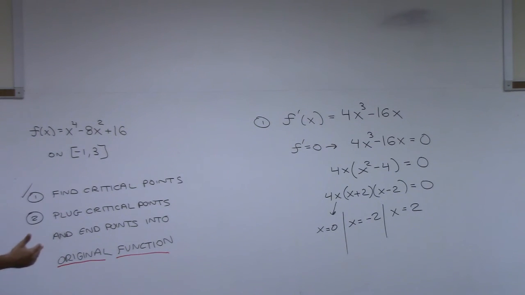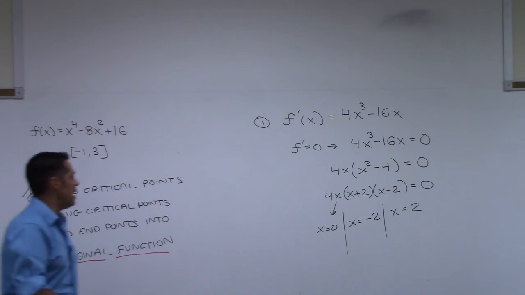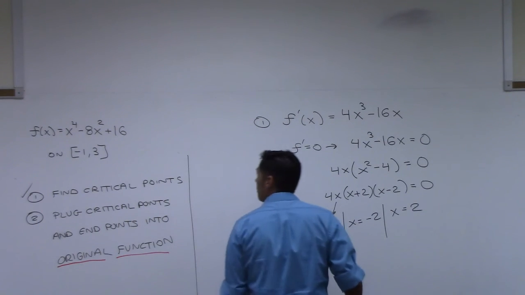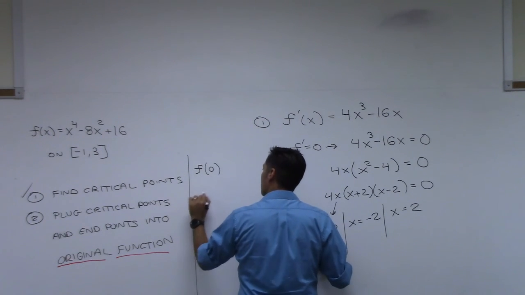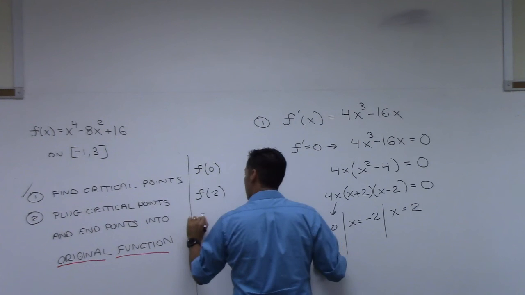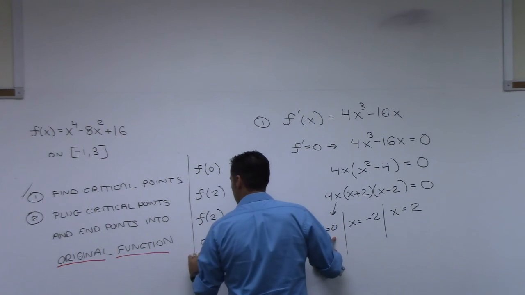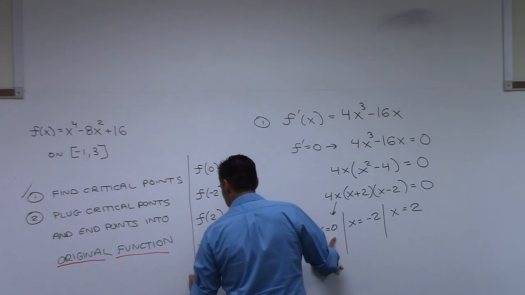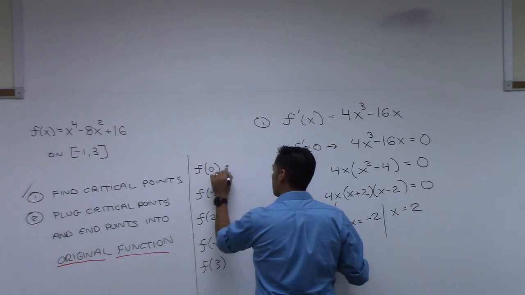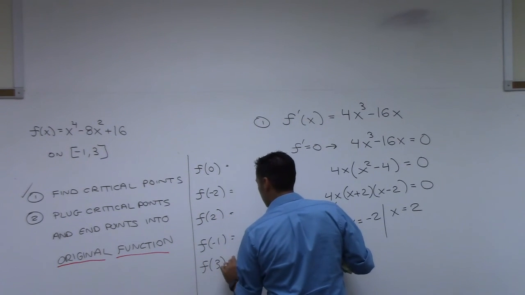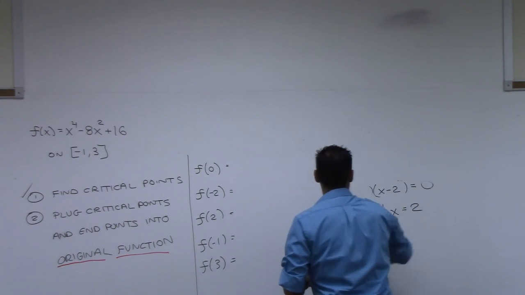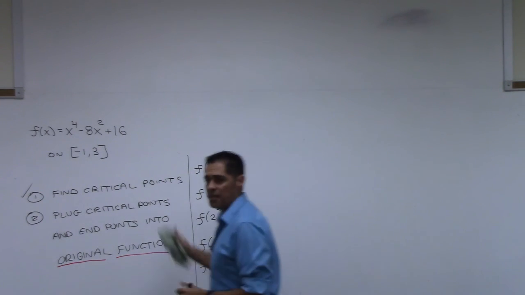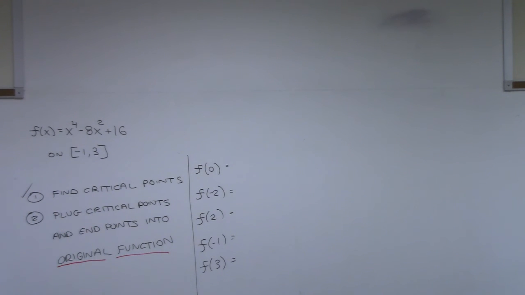I'm going to see what it spits out, and whatever the biggest number I get is my absolute max, and whatever the smallest number is my absolute min. So I've got to do f of 0, f of -2, f of 2, f of -1, f of 3. We only use the derivative to get the critical numbers, and that's it.